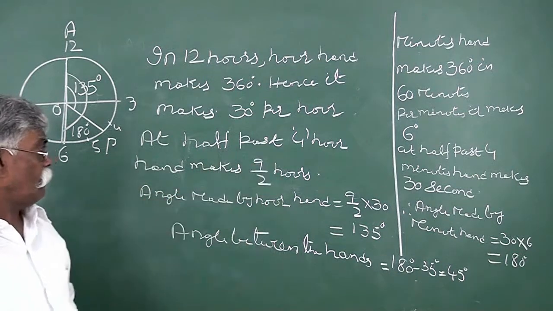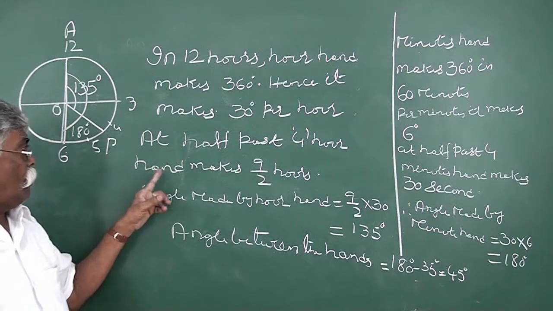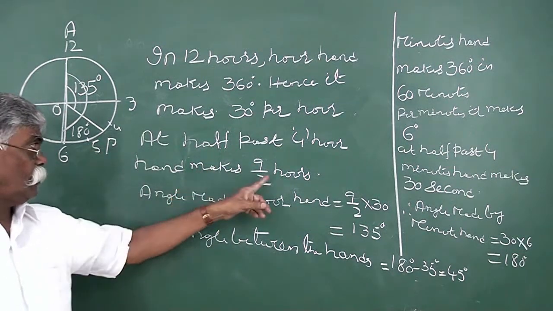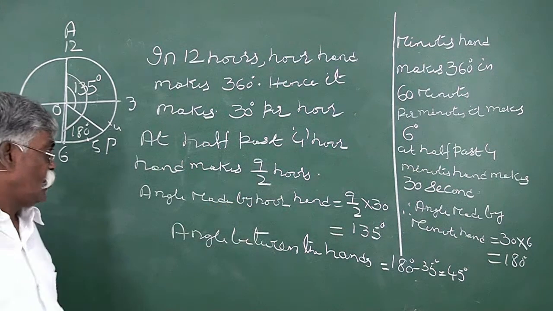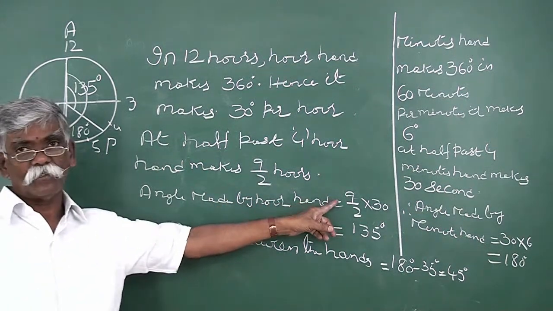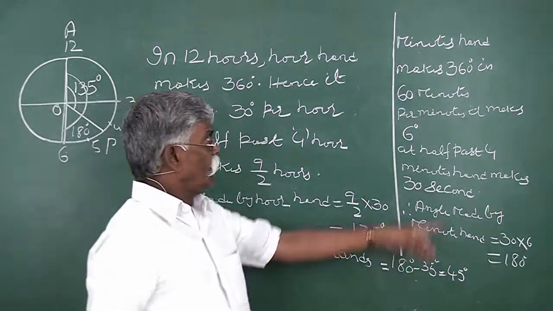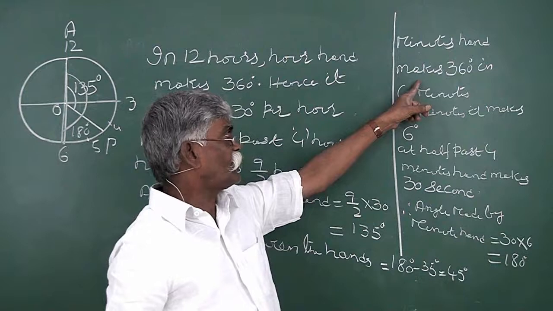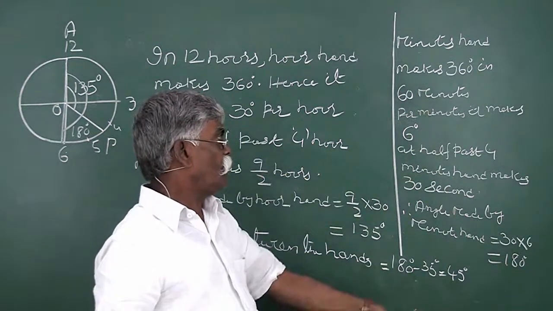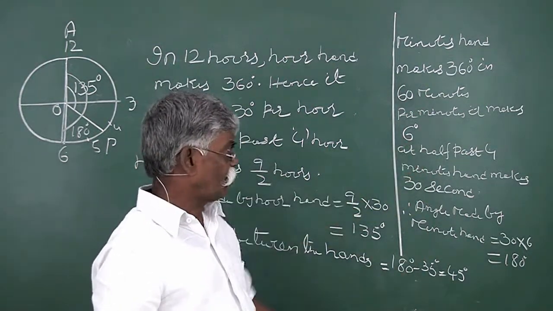At half past 4 the hour hand makes 9 by 2 hours. So the angle made by the hour hand is 9 by 2 into 30 degrees, 135 degrees. In the same way, the minute hand makes 360 degrees in 60 minutes, so per minute it is 6 degrees.